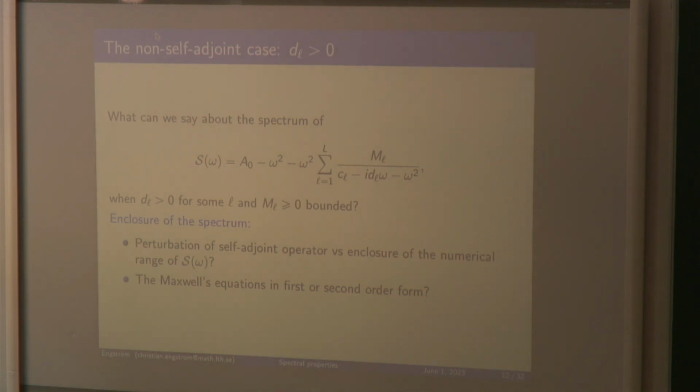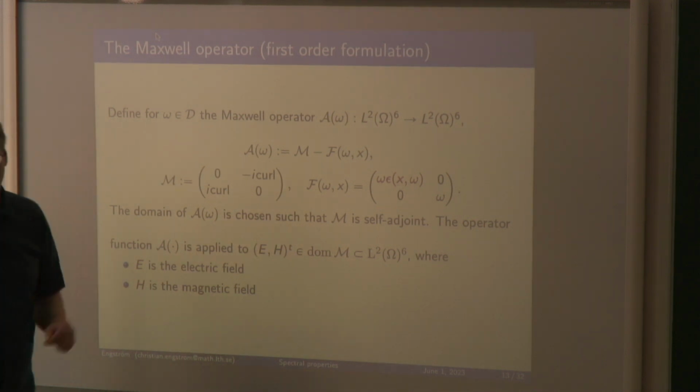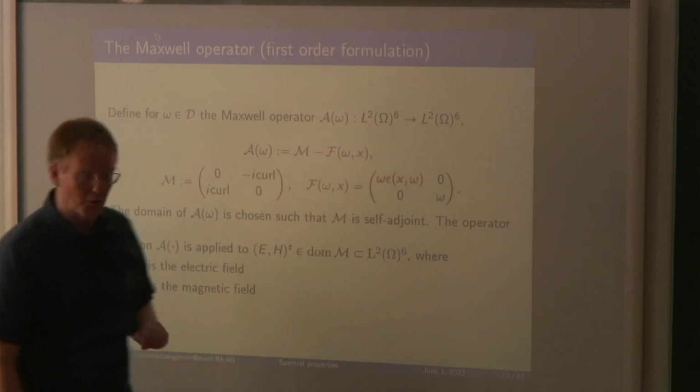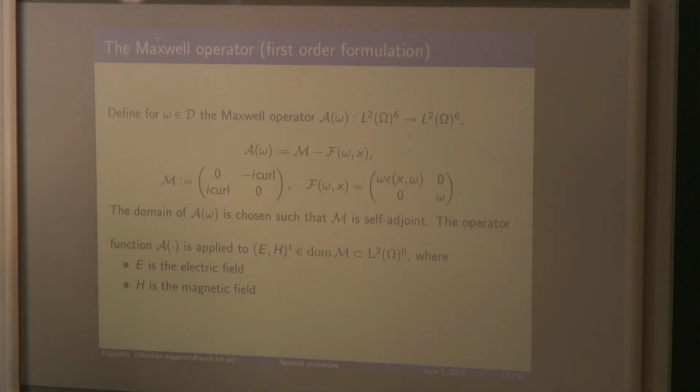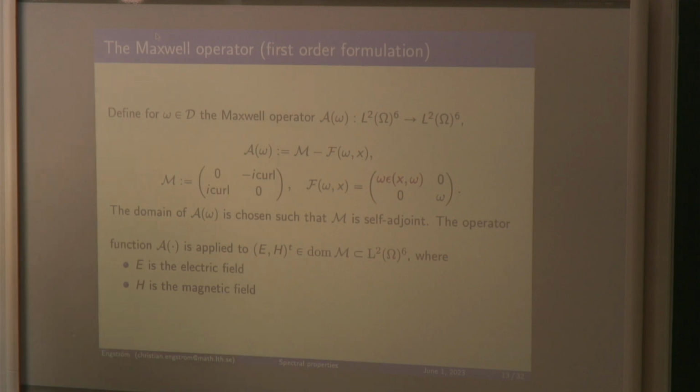So you will see. I will start with Maxwell's operator now in first order form. So we have both electric and magnetic field, six components. This M here is sometimes at least called a Maxwell operator.